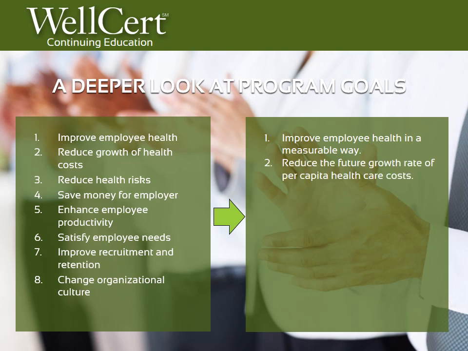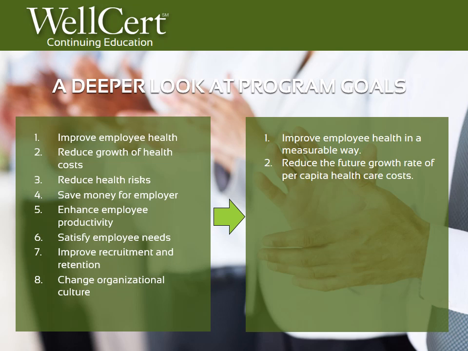On this second goal, reduce the growth of health costs, I may want to be more specific with my goal to be able to know and make sure that it's going to be measurable in terms of being able to be translated into an objective and or a metric. So that may be using the phrase, instead of reduce growth of health costs, is that current costs?